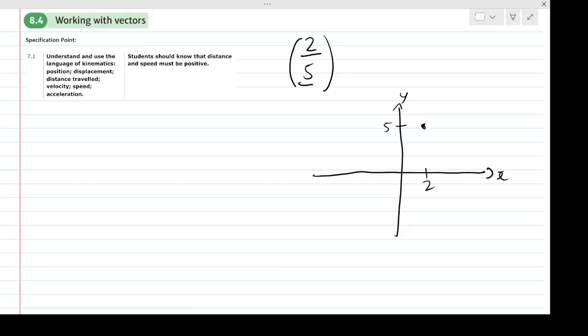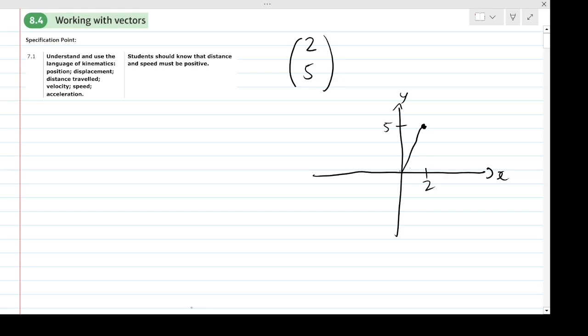And so that's our point. Now if we join this from the origin, here we can see that's 2 across, and then 5 up. So that's the vector. You'll be familiar with columns in GCSE.